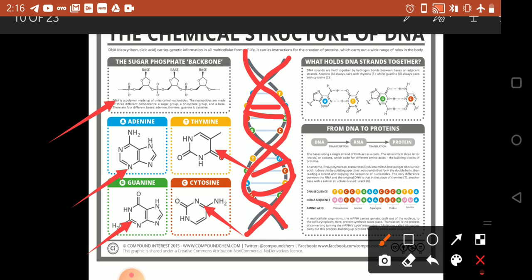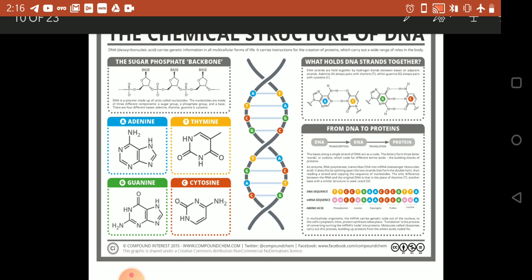So this is how the DNA double helix model looks, and when the DNA is transferred to RNA and RNA to protein, this is called the central dogma of molecular biology. If you have an amount of DNA and you want to produce more DNA, it has to be amplified.